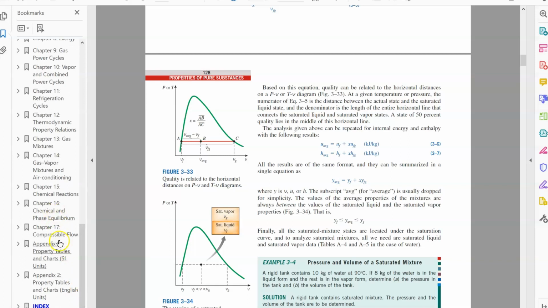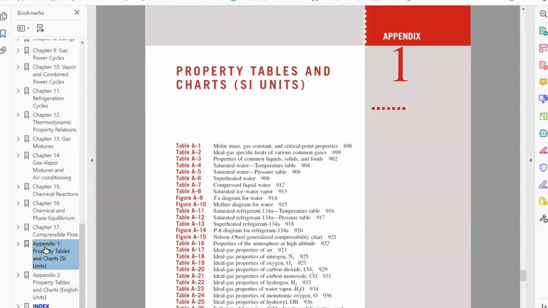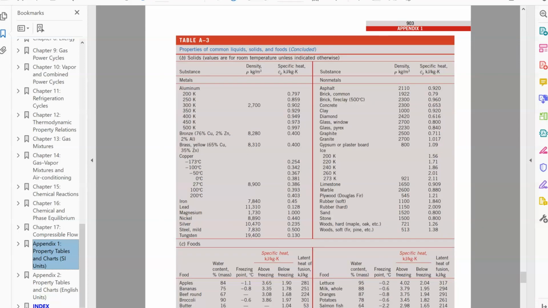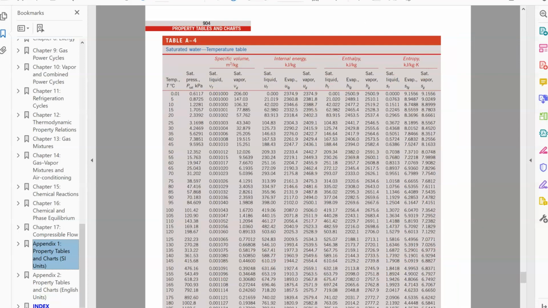For example, let's have a look at Appendix 1, property table A-4. That general equation will be used to find all these values here: specific volume, internal energy, enthalpy, and entropy.